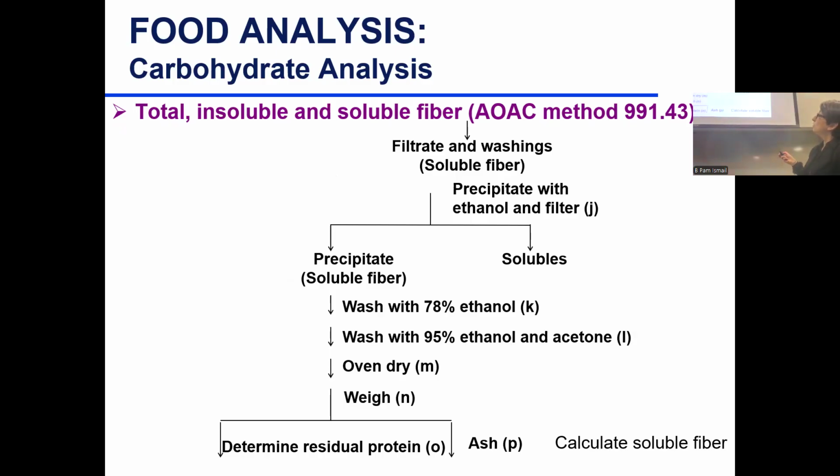Get rid of your small molecular weight solubles, and then you get your precipitated soluble fiber, you wash, you dry, and then you determine ash and protein, and then you get the soluble fiber. And now in this process, you got the insoluble fiber, you got the soluble fiber. If you add them together, you'll get total dietary fiber.